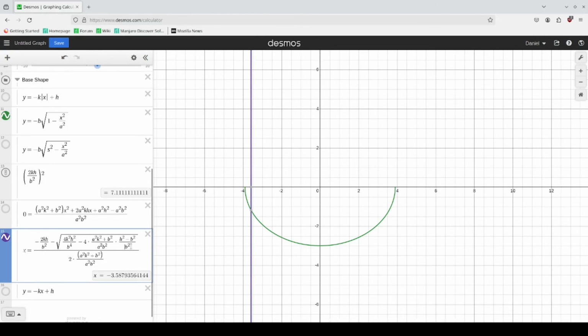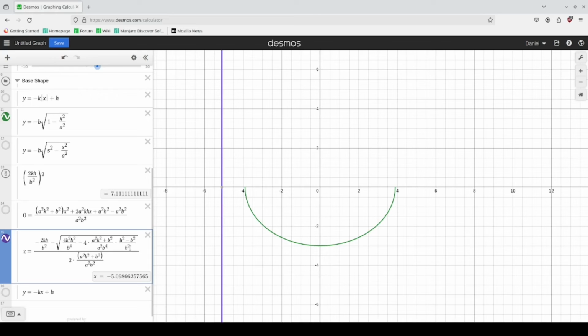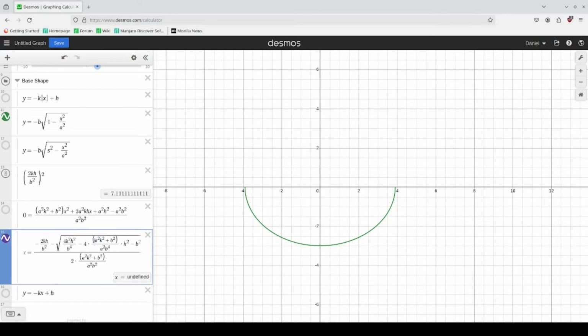So if we multiply this b squared across, I think this gets us a b to the fourth. Let's put these in parentheses. And let's put this in parentheses.